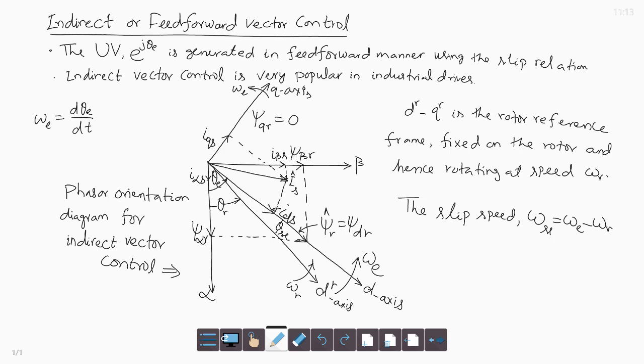Corresponding to omega s l, we have the angle theta s l, so that omega s l is d theta s l by dt, and omega r, the rotor speed, is d theta r by dt.